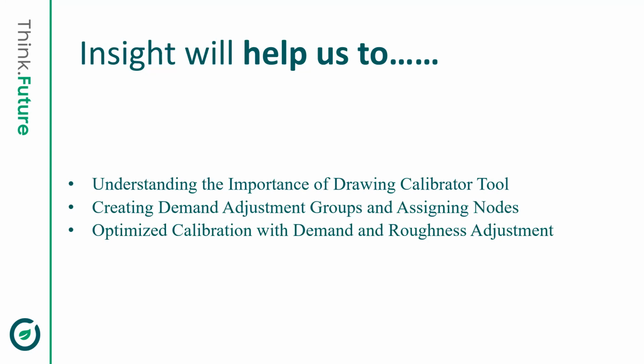Like the automation concept of Darwin Designer, where different design constraints can be analyzed, we can also create the demand adjustment group and assign it to the nodes as required for the project. By this, we can decrease the time spent finding different things in a large network manually. So today, I'll show you how to create a demand adjustment group and assign it to the nodes. Let's switch to the software and I'll showcase how to do it.